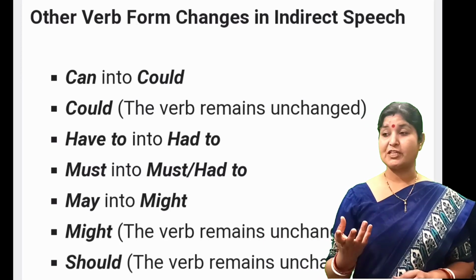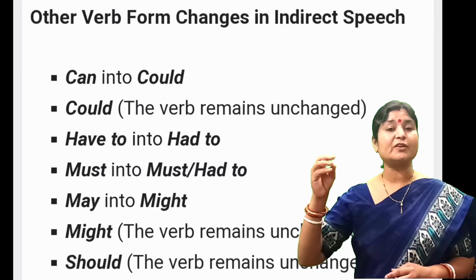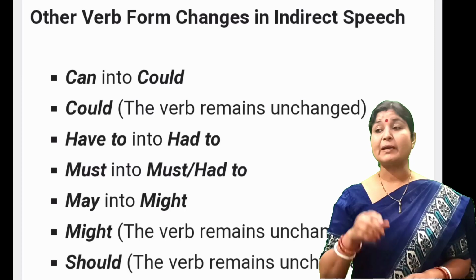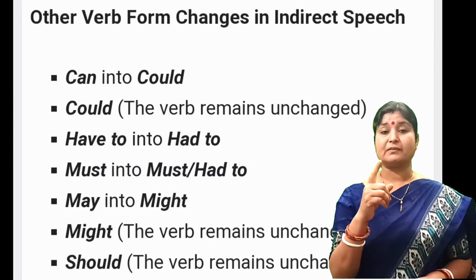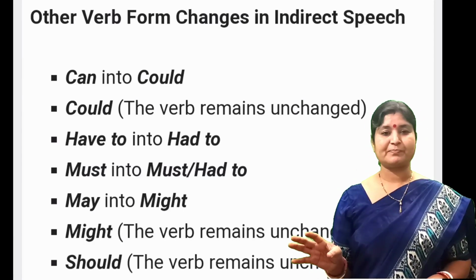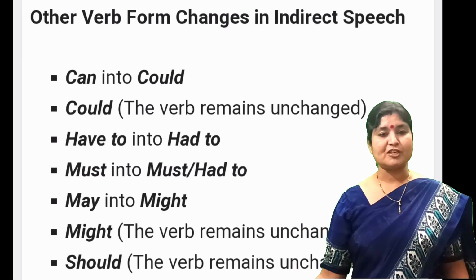Must changes into had to. You can write must or you can write had to, but had to is more appropriate in this place. Then may changes into might. And remember again that with might, the verb remains unchanged. And should, the same, the verb remains unchanged.